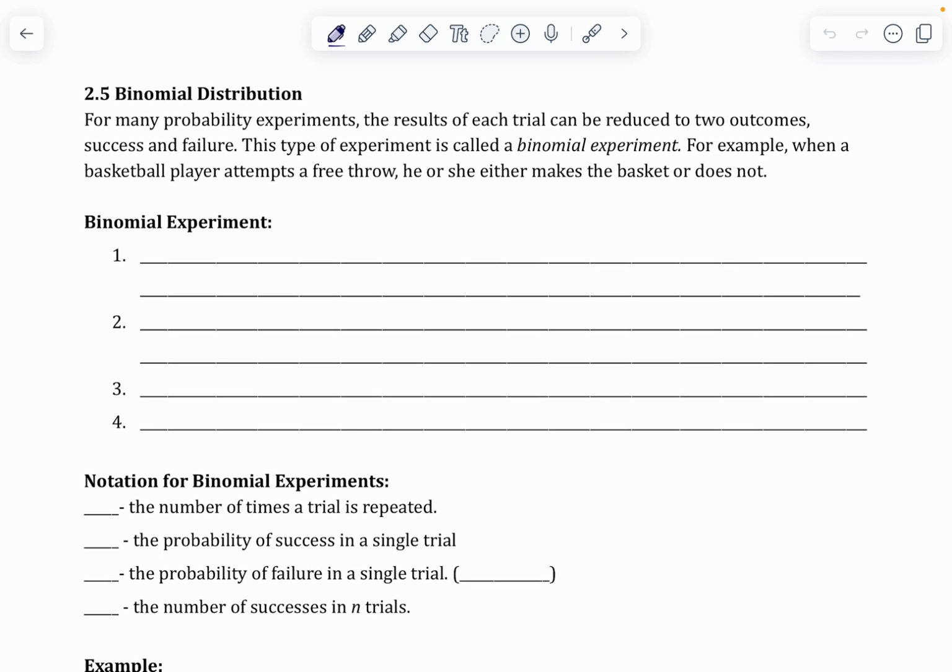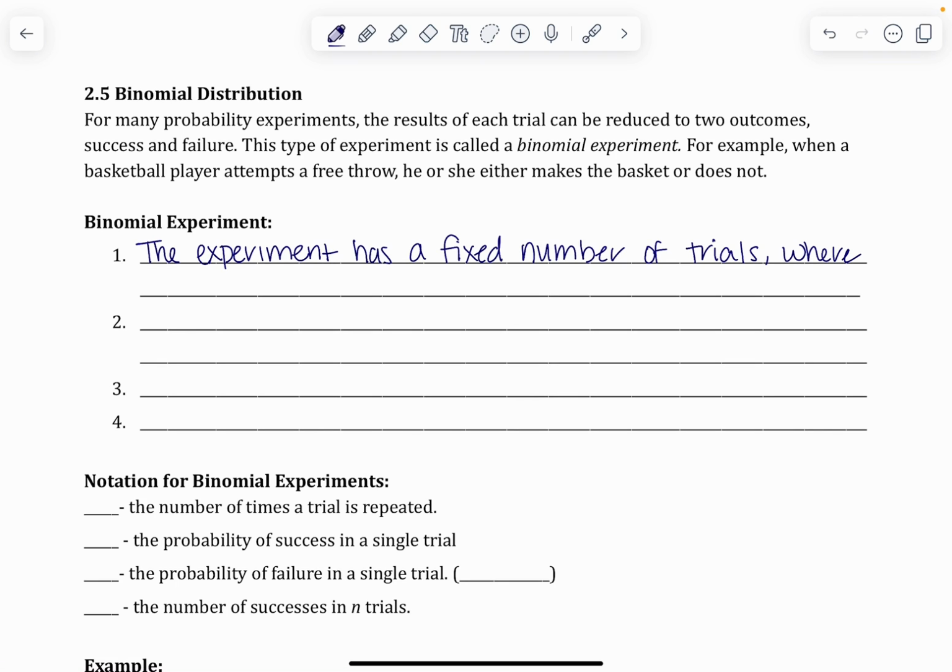So we have a couple of characteristics about a binomial experiment that we have to make sure our experiment follows. The first one is that the experiment has a fixed number of trials, where each trial is independent of other trials.